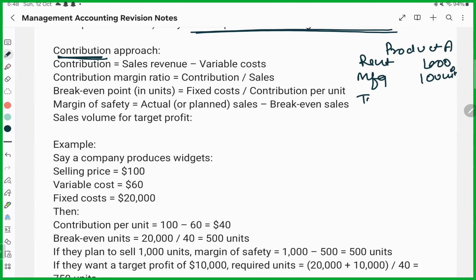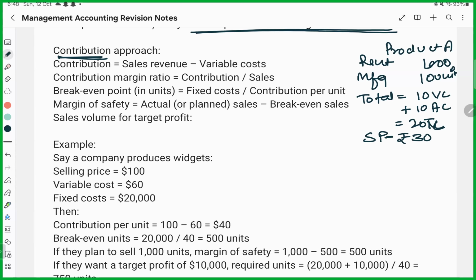Total cost involves 10 rupees as my variable cost and 10 rupees as my absorption cost, which gives me a total cost of 20 rupees. The selling price of my product, say 30 rupees.